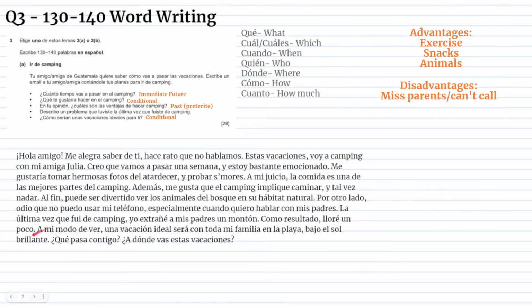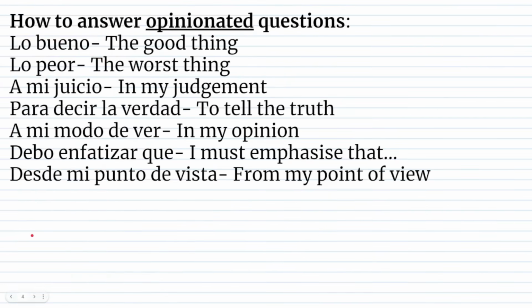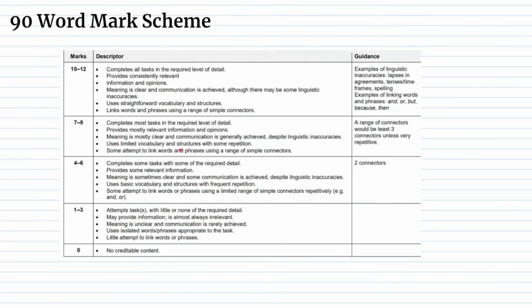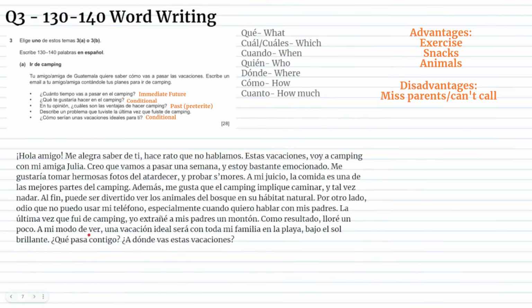It's a personal answer. So I'm going to go and use my opinionated question starter, a mi modo de ver. In my opinion, a mi modo de ver, una vacación ideal será con toda mi familia en la playa, bajo el sol brillante. Simple, and the reason I said con toda mi familia is because I mentioned I missed my parents, right?